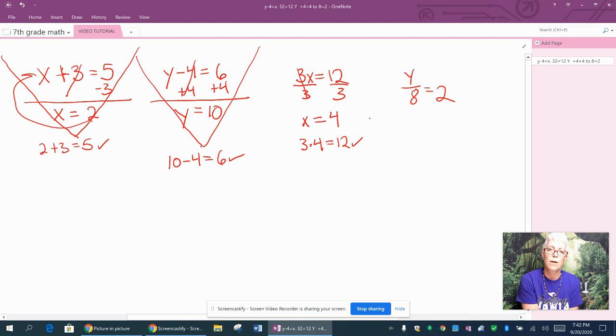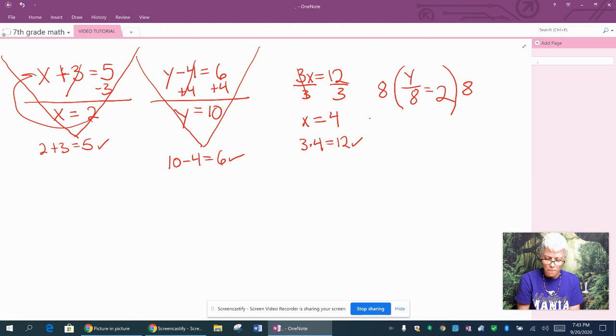Division, very good. We're going to do the opposite, but show it a different way. I'm going to put parentheses around the whole thing, and eventually you're going to know what's called the distributive property. When I do the opposite of division, which is multiplying, these two 8s cancel out. I will show you more about that later.